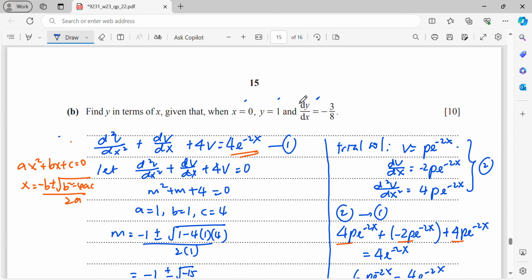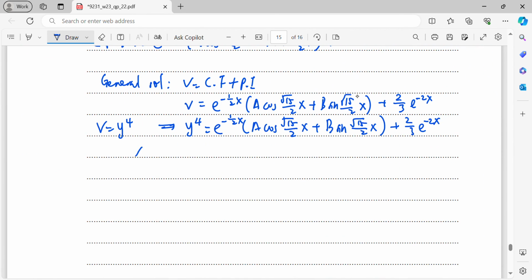So x is 0, y is 1. So when x equals 0, y equals 1, that means 1 to the power 4 is e0, a cos 0 plus b sine 0, then plus 2 over 3 e0.